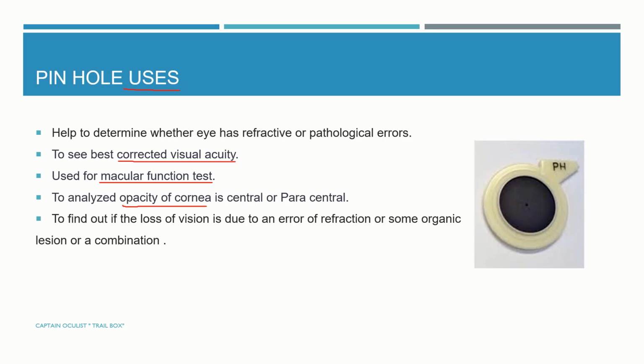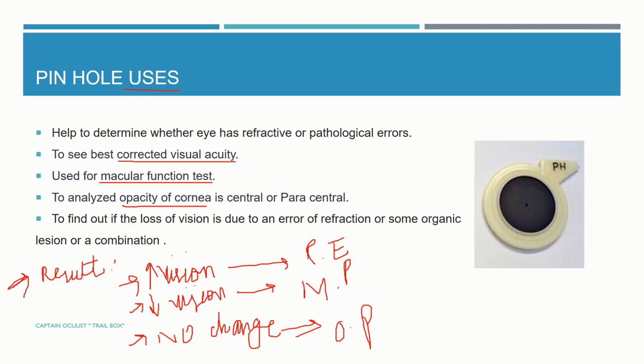So for example, if the patient is complaining of diminution of vision, ask him to look at the Snellen chart, place the pinhole in front of his eye and the other eye being occluded by the use of occluder. Then ask whether the vision improves. So in this case, 3 things will happen.